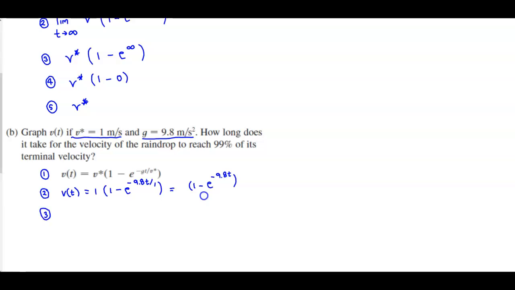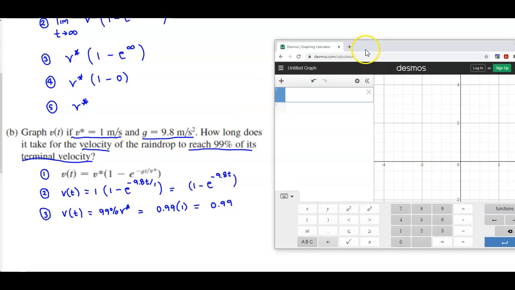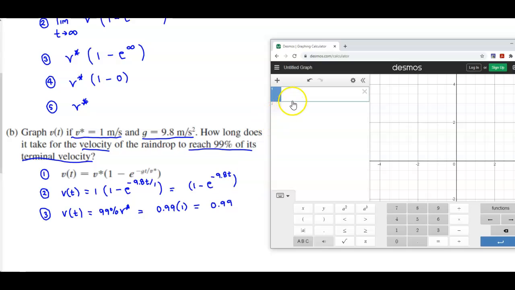Now, the second function is asking us, how long does it take for the velocity of the raindrop to reach 99% of the terminal velocity? So that means we have v of t equal to 99% of the terminal velocity. Well, this becomes 0.99 times 1, which is equal to 0.99. So now let's go ahead and graph this on Desmos. We want to graph these two functions to determine where they intersect.